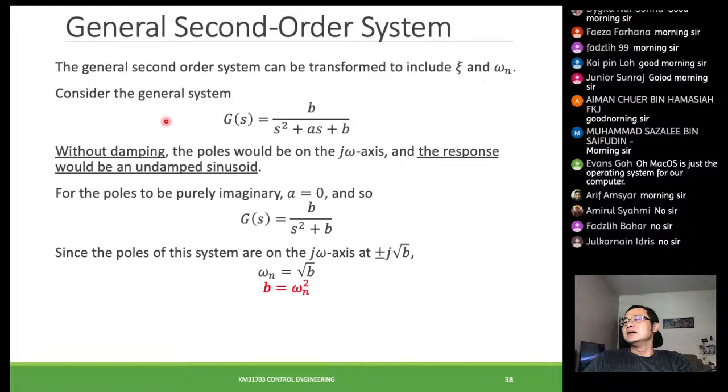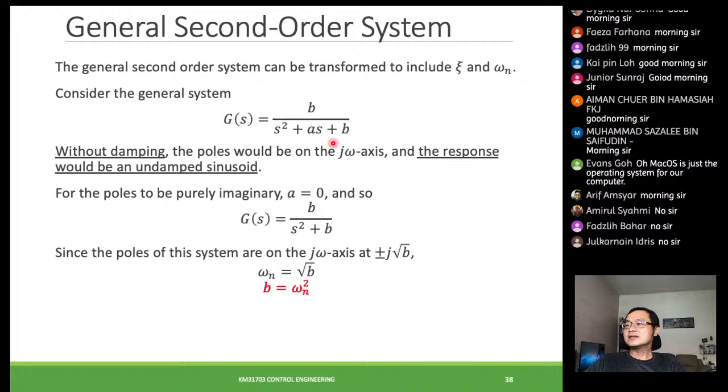Now how can we transform this general second order system into those two parameters, remember, the natural frequency and the damping ratio? How we can form that so that we can control it later on is that without the damping, the response will be mainly due to the natural frequency.